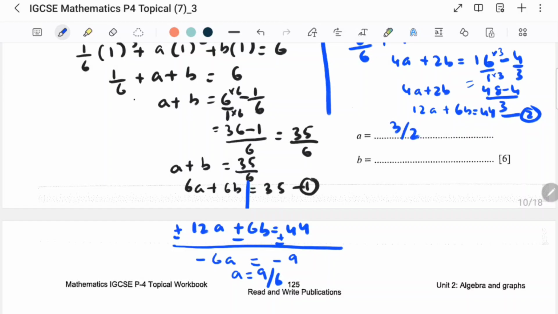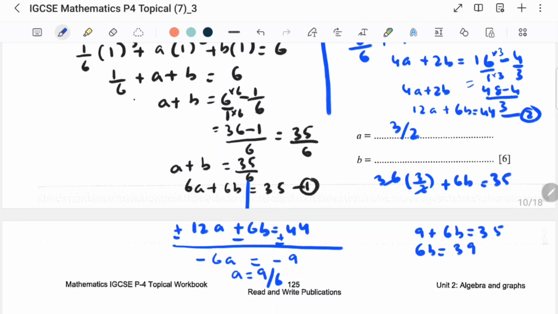Now b. So it is 6a plus 6b is 35. Substituting a, 6 times 3 over 2 is 9, plus 6b is 35. 6b is 35 minus 9, which is 26.